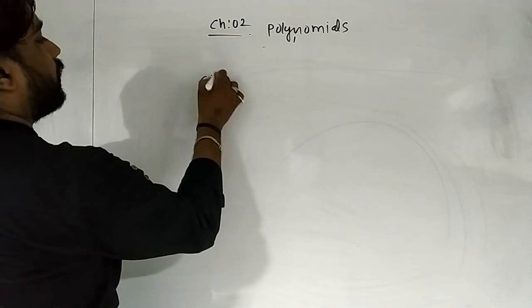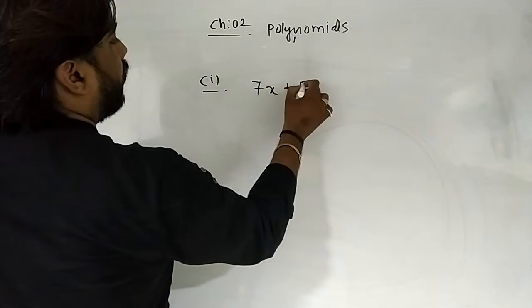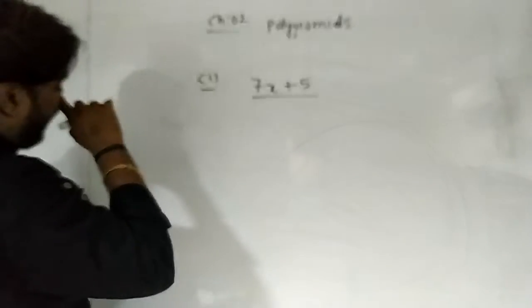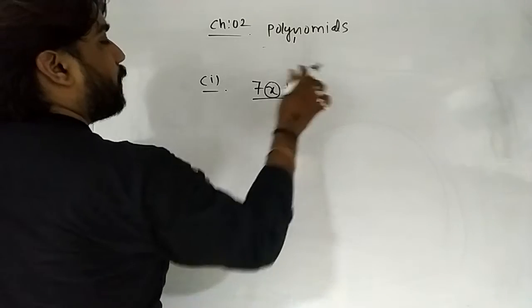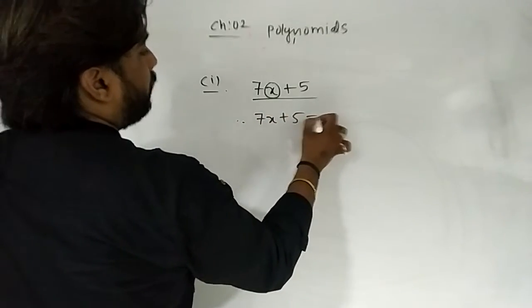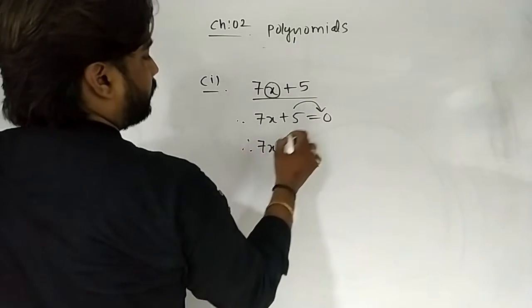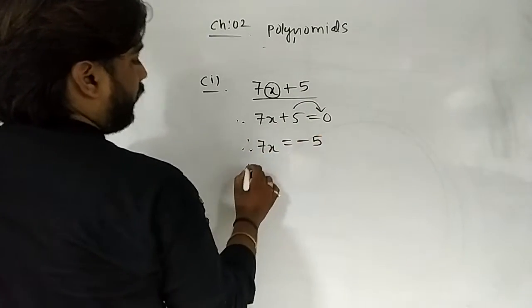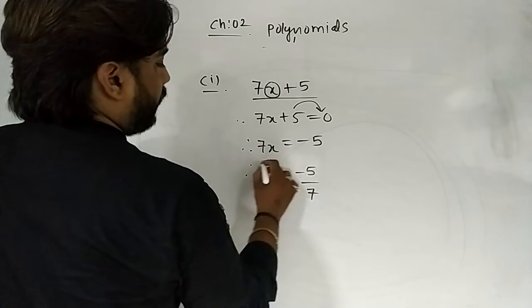For example number 1, if I am having 7x plus 5, तो इसका zero क्या होगा, we have to find the value of x for which it will become 0. It means ये 0 कब होगा, 7x plus 5 will be 0 when? Suppose 7x will be what, -5, so x will be what, -5 by 7.